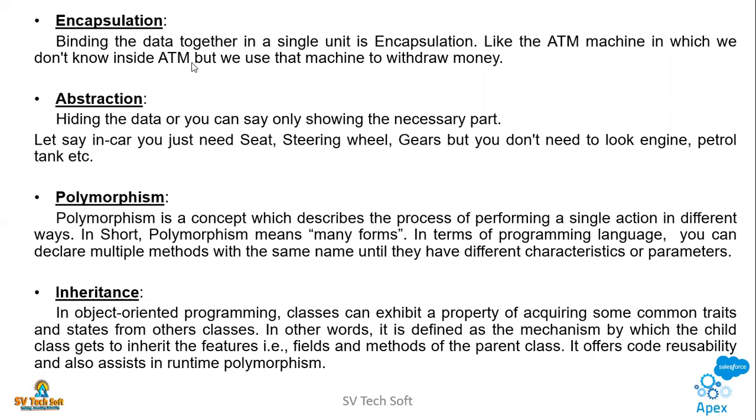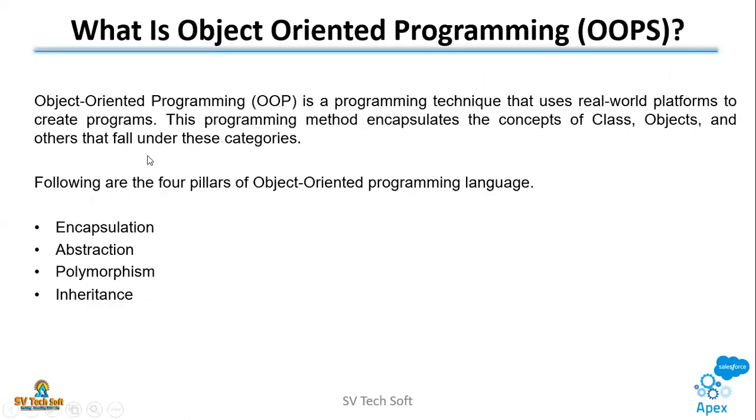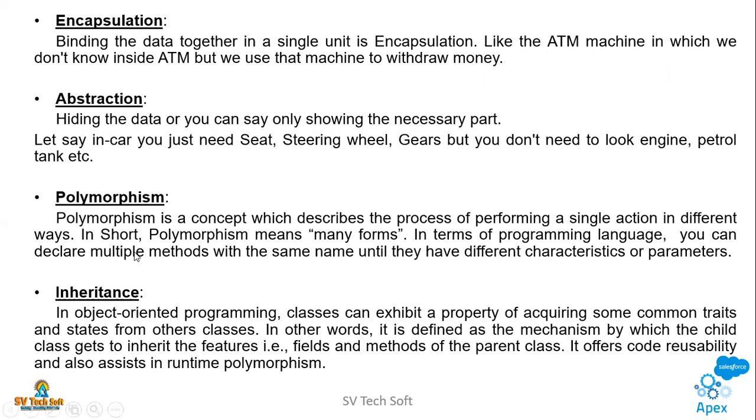Then the second OOPs feature is abstraction. What is the meaning of abstraction? Abstraction is nothing but hiding the data, or showing only the necessary part. You can show or hide particular data within Salesforce by using abstraction.